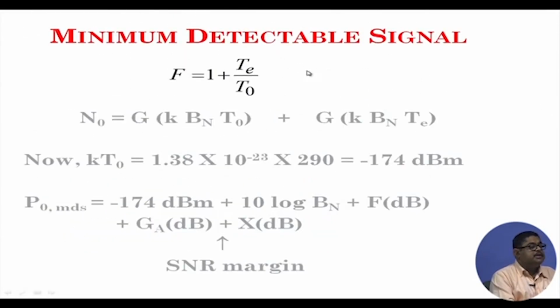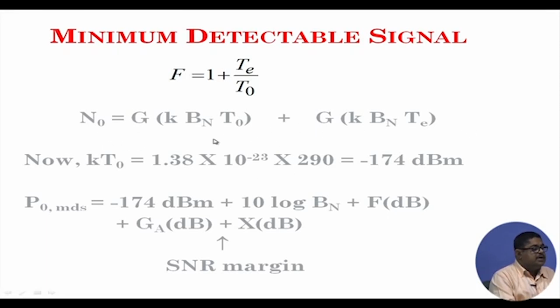Now, what is the minimum detectable signal? Because ultimately you will have to detect the signal. You know that noise figure and equivalent noise temperature are related by this. If you put this in, the N naught becomes this, which we have already seen.